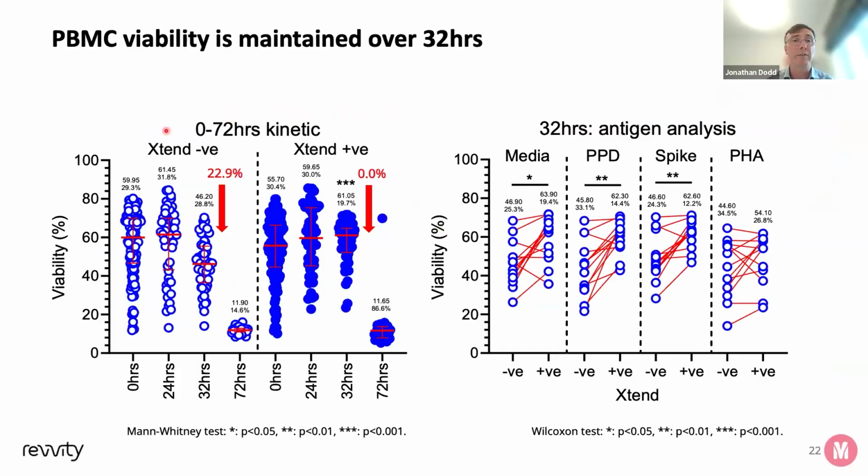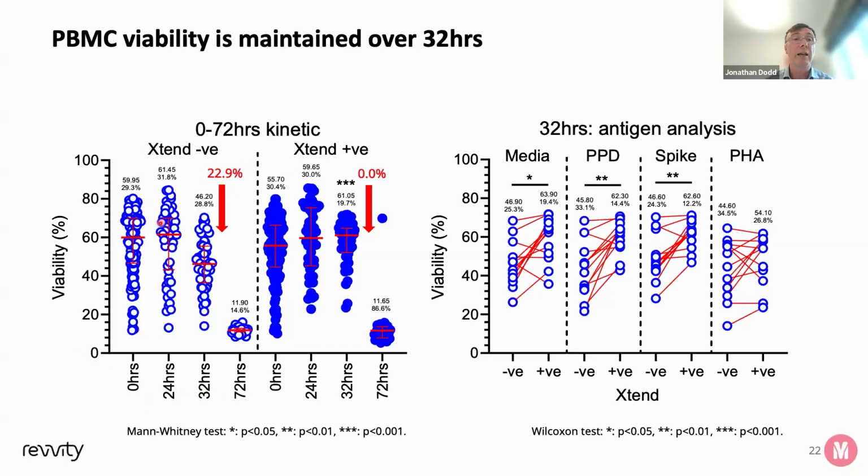In the graph on the left, we're looking at the kinetic of PBMC viability at the end of the culture period. On the x-axis, you have the sample time before it was processed, and on the y-axis, you have the viability of the cells. The graph is split into 2. On the left-hand side, the cells were not treated with T-cell extend, and on the right, they were.